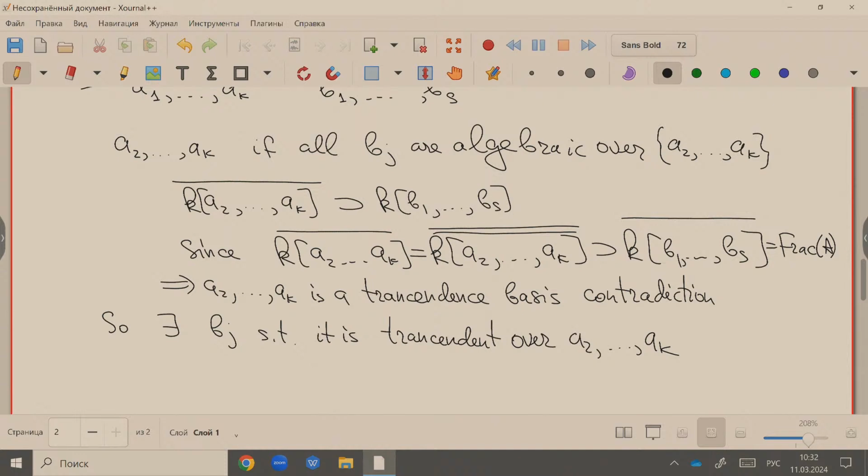And this implies, by the previous remark, that Bj, A2, ..., AK is a transcendence basis.